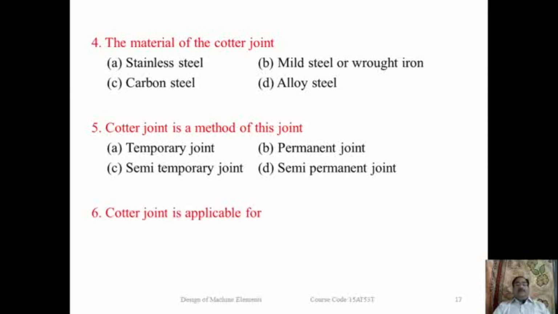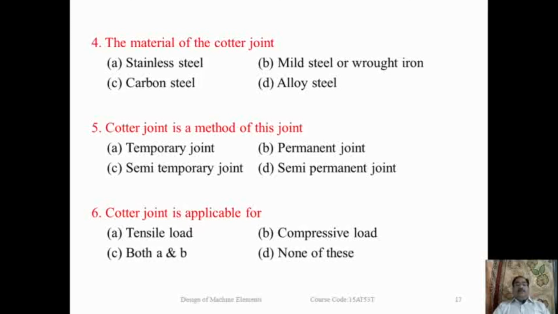Sixth one. Cotter joint is applicable for. The options are A. Tensile load, B. Compressive load, C. Both A and B, and D. None of these. So here the cotter joint is applicable for tensile load as well as for compressive load.